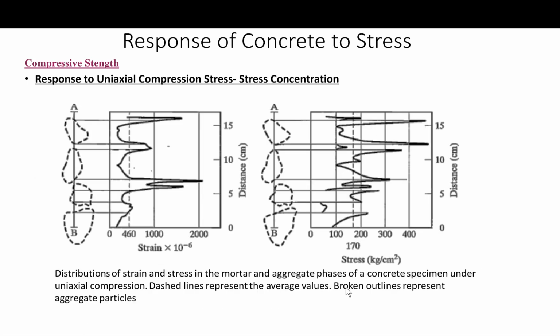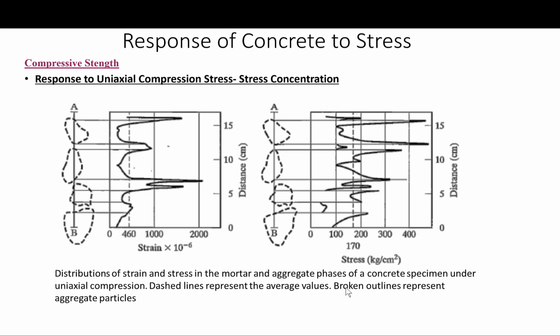This figure, if you remember, I have shown before. As we discussed, due to the heterogeneous nature of concrete, stresses are not uniform. So the localized stresses and strains are quite different from the nominal applied stresses and strains, the ones we measure.